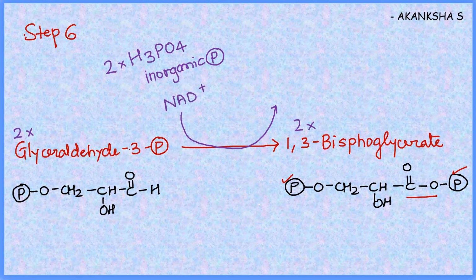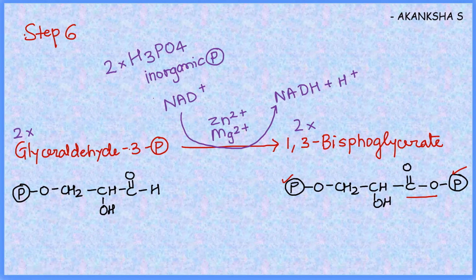This coenzyme is getting converted to NADH plus H plus. In the presence of the cofactor, again, same Mg2 plus, and along with Mg2 plus, we have Zn2 plus. Okay, Zn2 plus is very specific for nicotinamide adenine dinucleotide.